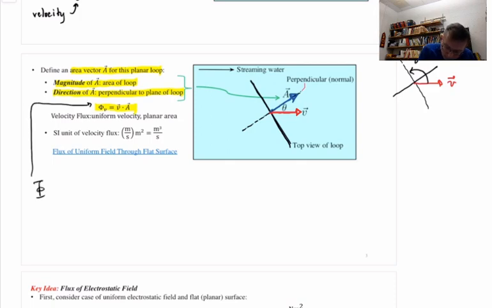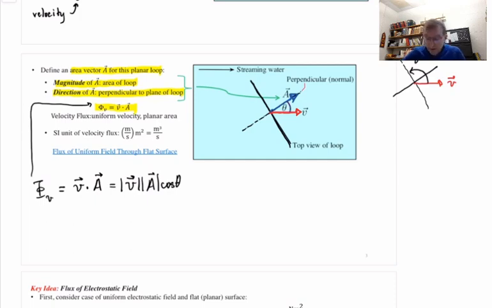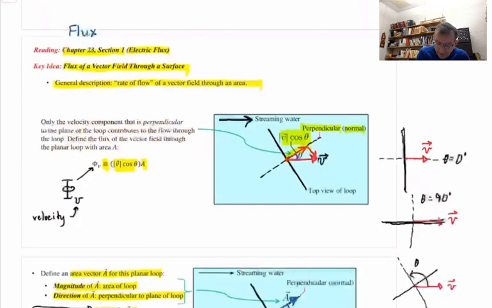I can think of the velocity flux for a uniform velocity field in a planar, flat area as that dot product, v dot A, because you would calculate that by taking the magnitude of v times the magnitude of A times the cosine of the angle between v and A when they're drawn with a common tail, which is exactly that theta that we've been using. And then this expression right here is exactly the same as this one right up here.